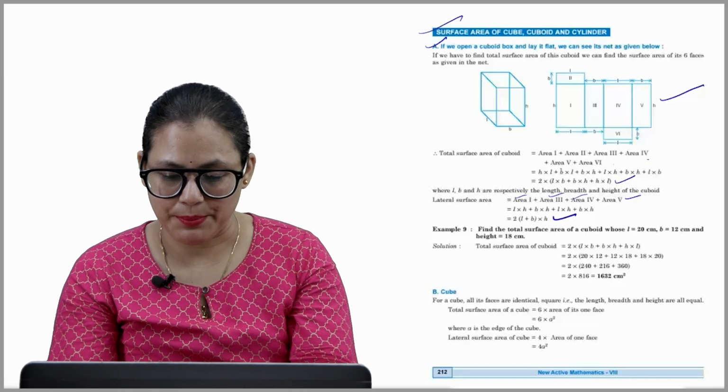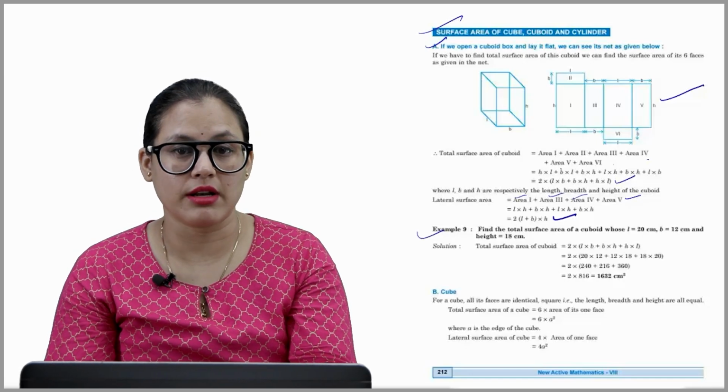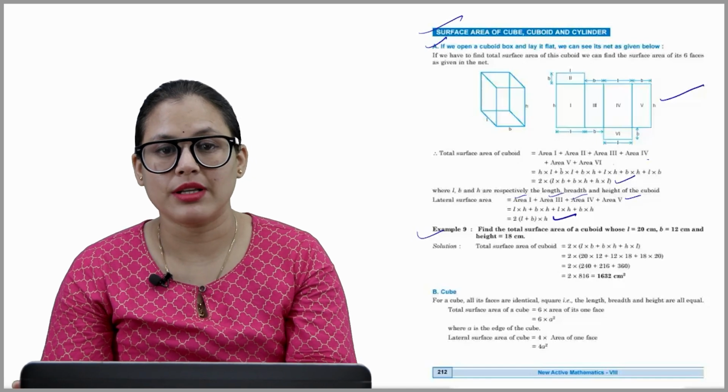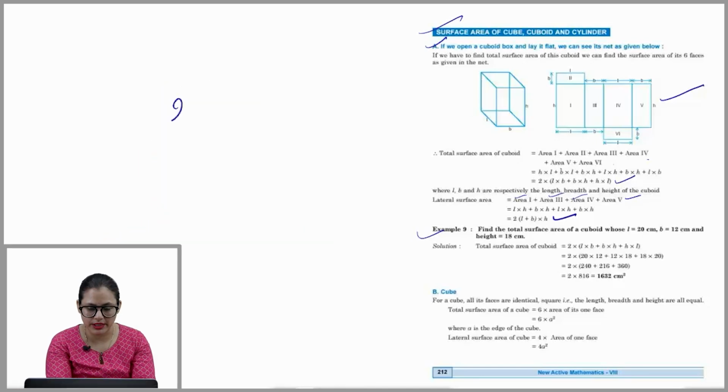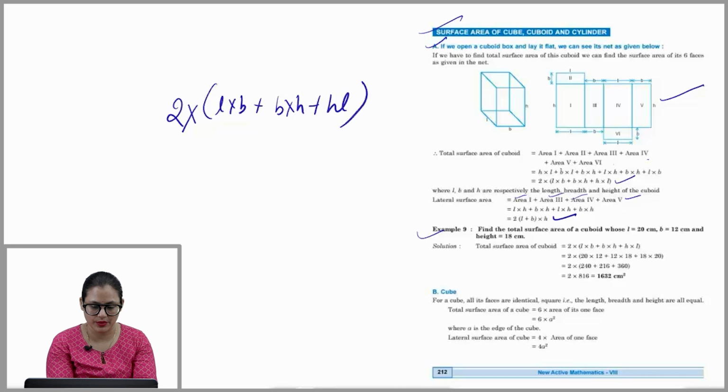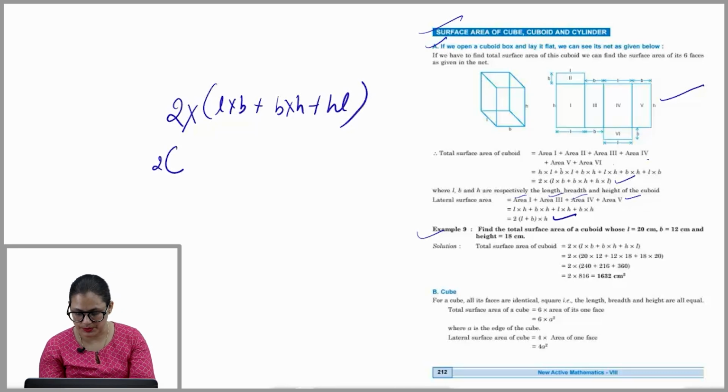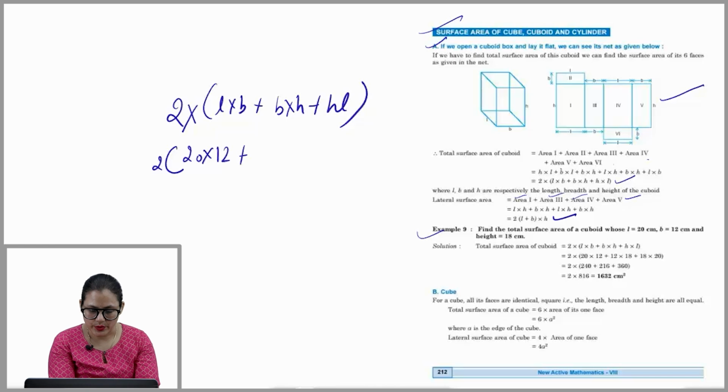Okay, let's do example 9. We have to find the total surface area. Here length, breadth and height are given. The formula is 2 into (length into breadth plus breadth into height plus height into length). Length is 20, breadth is 12, and height is 18.